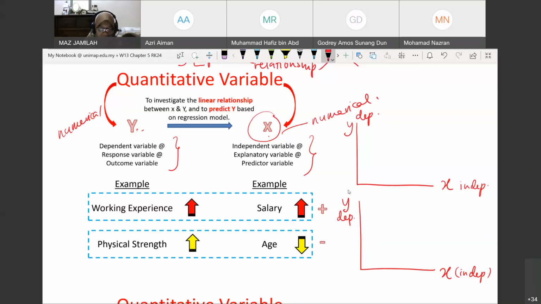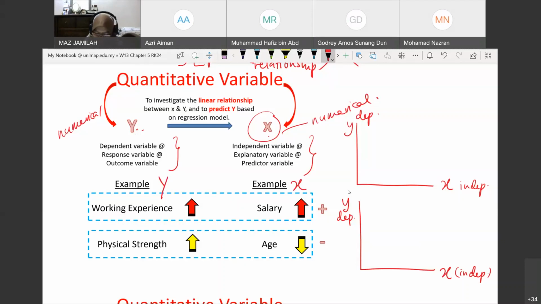Logically, the higher the working experience, the higher the salary. So this is your x and this is your y. As working experience increases, salary also increases.